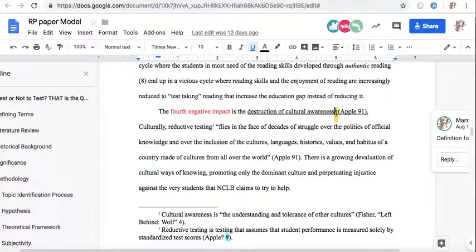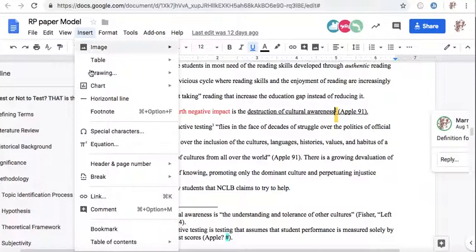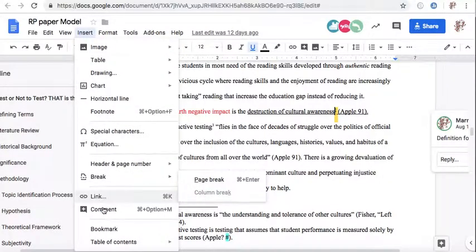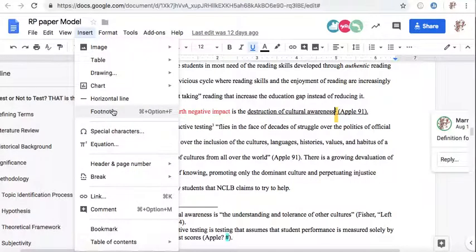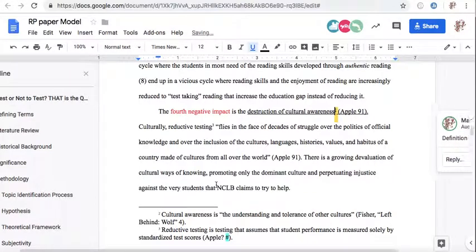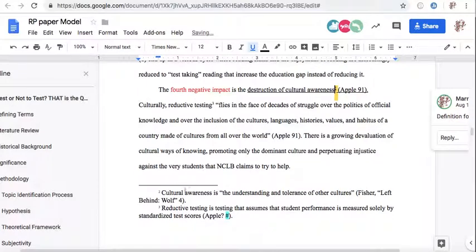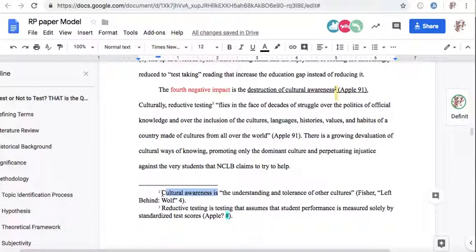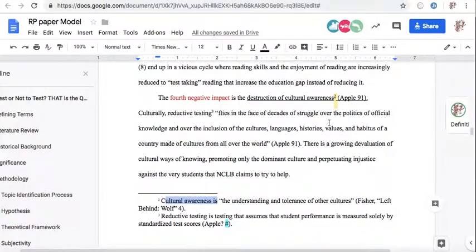I went up here and chose insert, footnotes. By doing that, it created a footnote down here where I could plug in a sentence explaining it. As you see, it is a sentence. It's not a very complex sentence, but most of the sentence is giving the definition. So that's another way you can do it.